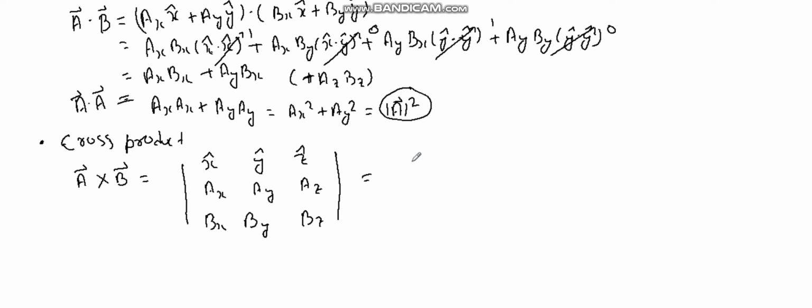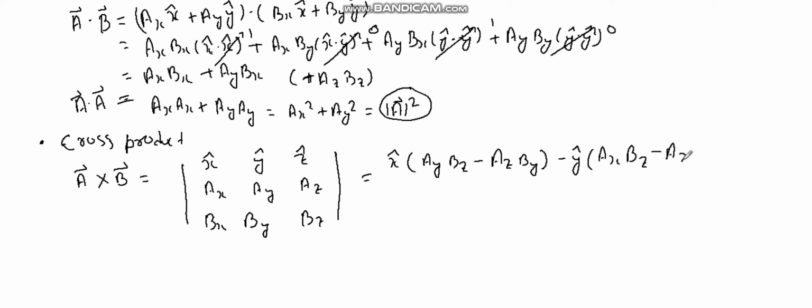So the final result will be x cap times (ay bz minus az by), minus y cap times (ax bz minus az bx), plus z cap times (ax by minus ay bx).